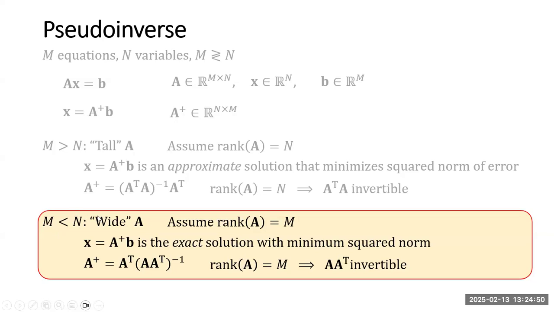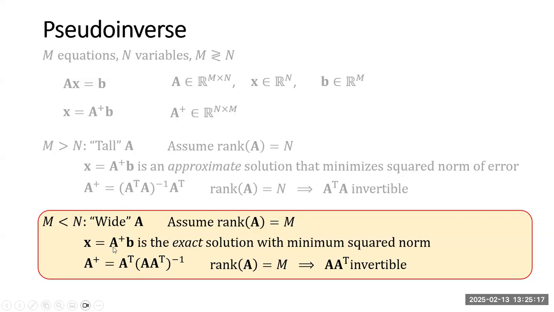So we can have multiple solutions, an infinite number of solutions, right? In this case, A is called a wide matrix because the number of columns is more than the number of rows. We'll call such matrices wide matrices. And the rank we'll assume to be the lower of the two, which is again m.